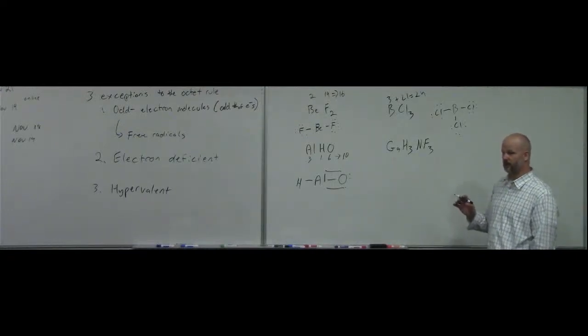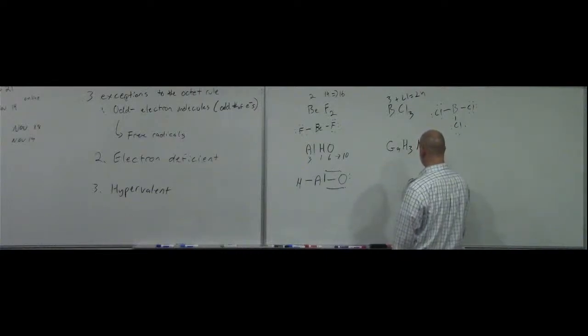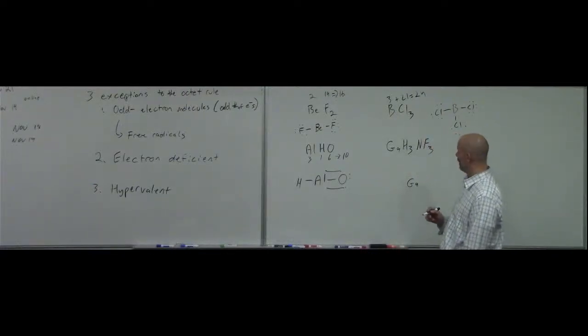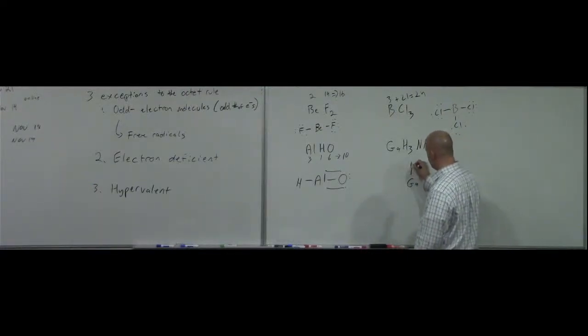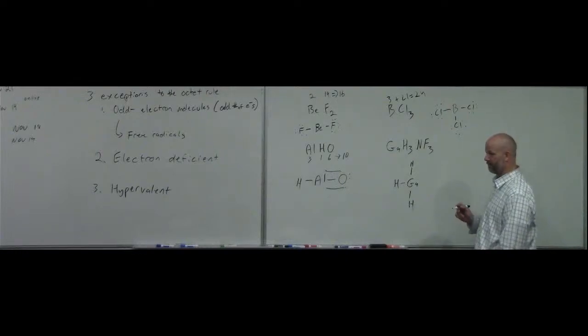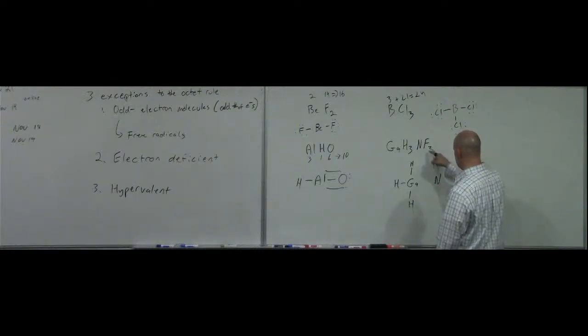Gallium, how many valence electrons? 3. Who's he bonded with? Hydrogen. Hydrogen and nitrogen. Nitrogen has how many valence electrons? 5. Let's do F3.